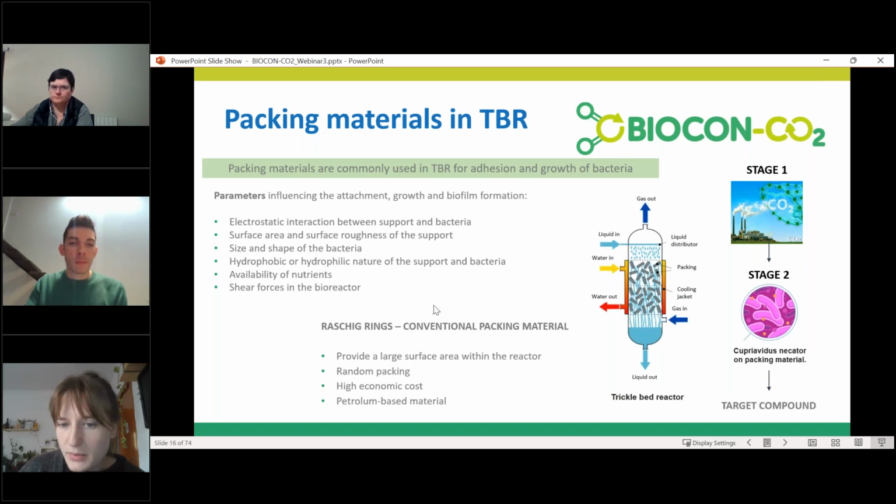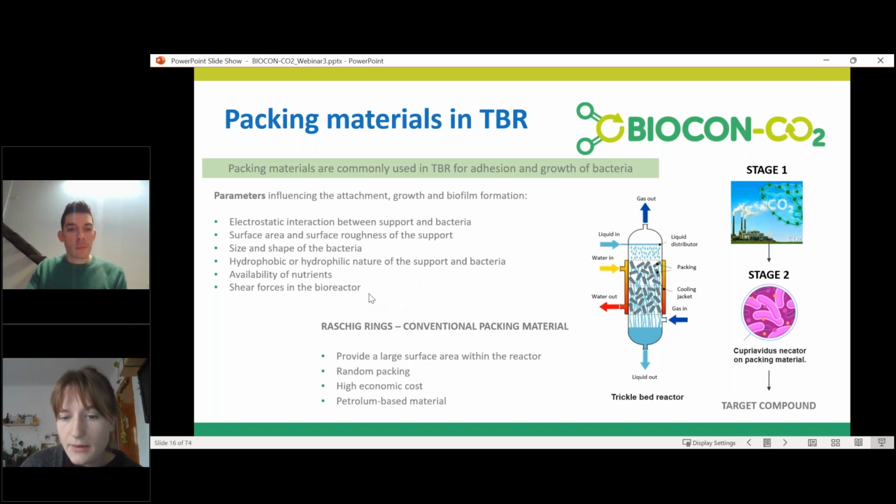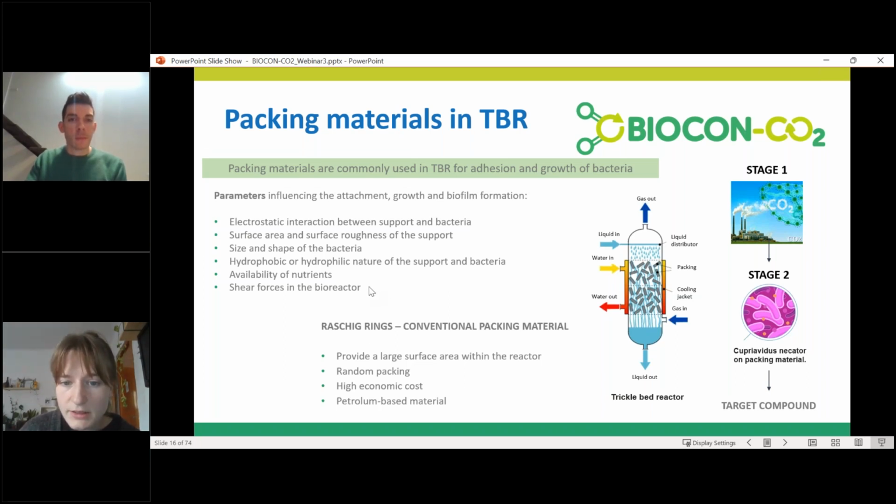The conventional packing materials used in this kind of reactor are Raschig rings, which provide a large surface area within the reactor and have a random packing, which is also an important parameter. But they have the disadvantages of a high economic cost and being petroleum-based materials.